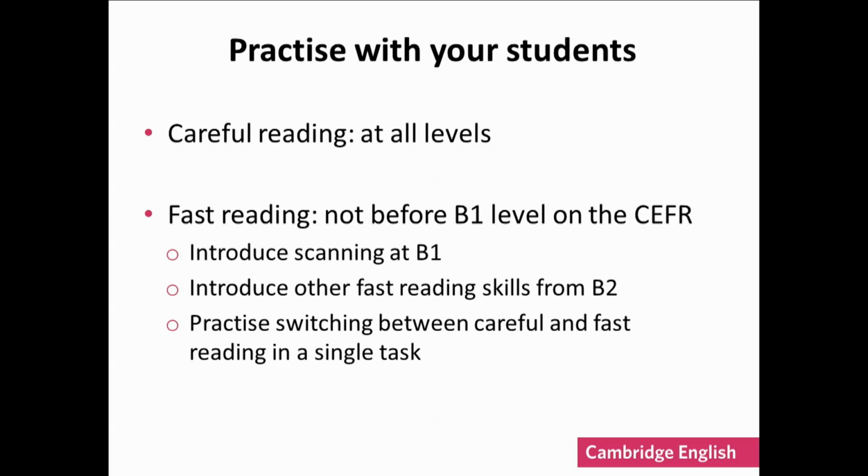So fast reading can be introduced to classroom and assessment activities at an intermediate level, B1 level on the Common European Framework of Reference for Languages, or the CEFR, and it should receive a more intense focus from B2 level upwards.